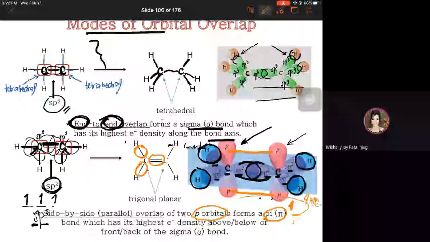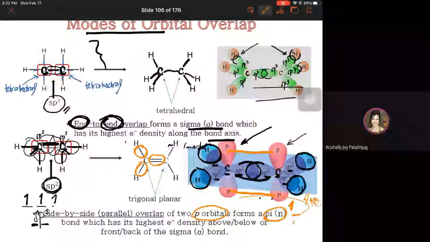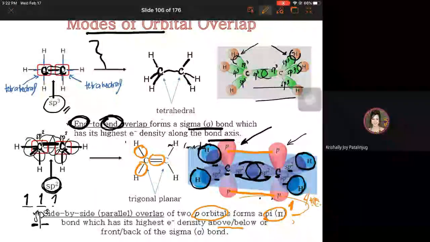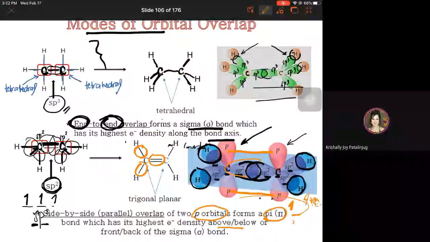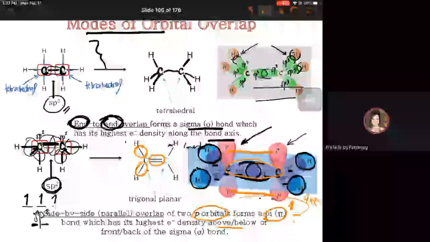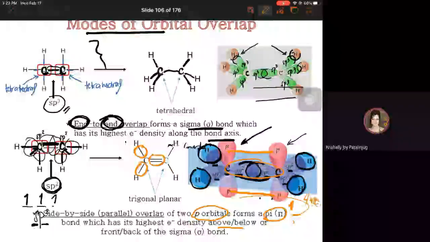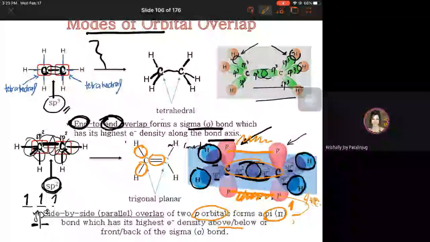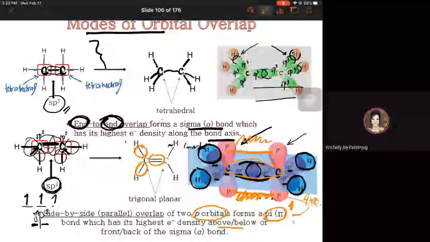And a pi bond has its highest electron density above or below the sigma bond. Doon nagre-reside yung electron density for the p orbitals that overlap side by side.